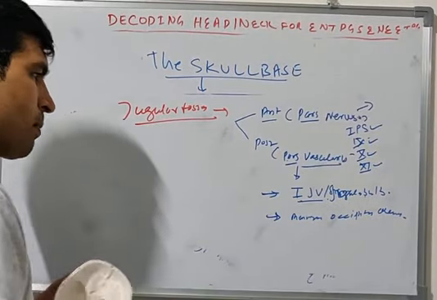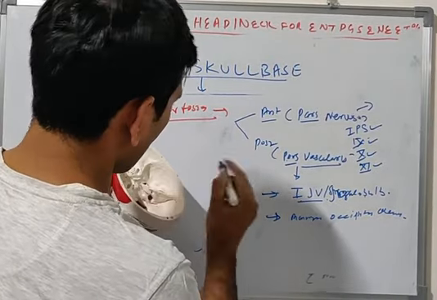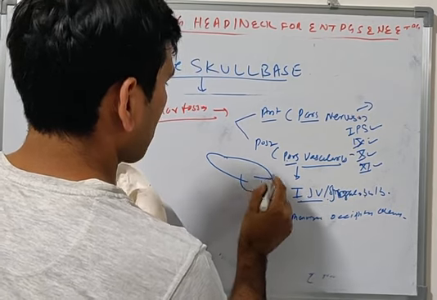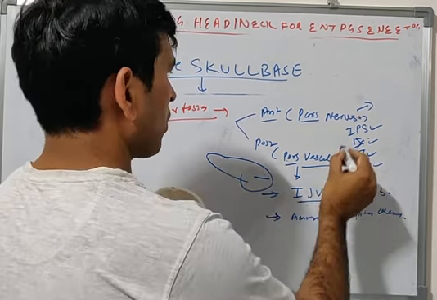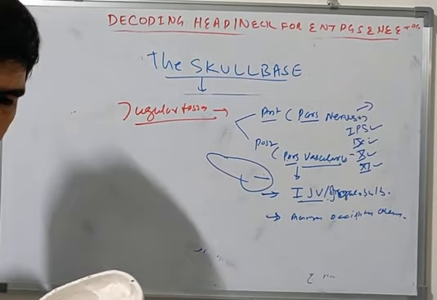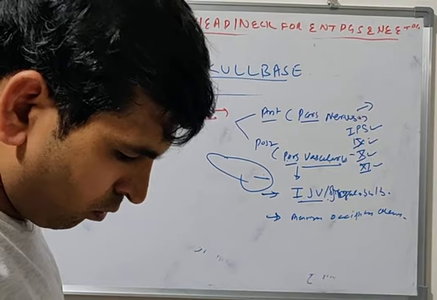These are the structures passing through this. If you draw it like this, the posterior part is the pars vascularis, and this is the pars nervosa. These are the structures passing through the jugular foramen.